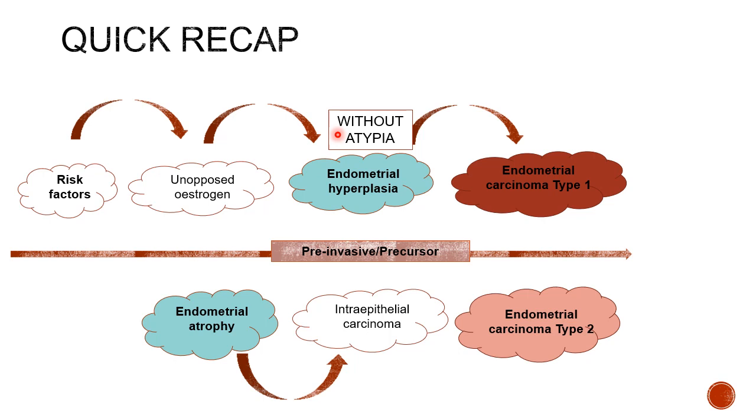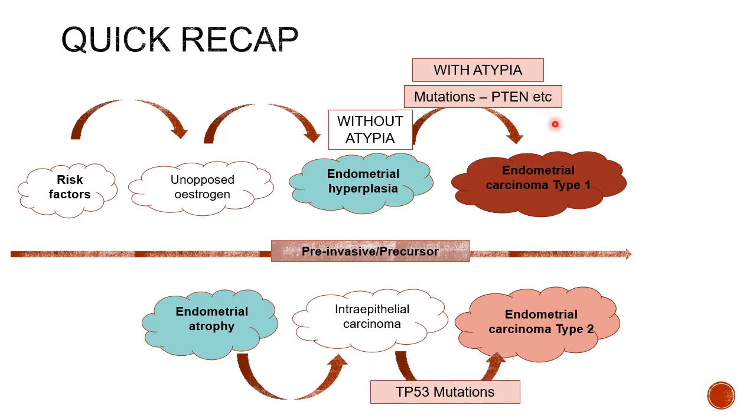So in order for progression to cancer to happen, typically this occurs in the setting of endometrial hyperplasia with atypia and also in the presence of acquisition of various genetic mutations, especially that involving the PTEN gene. In contrast, endometrial carcinoma type 2 has a completely different genetic mutation underlying its pathogenesis.